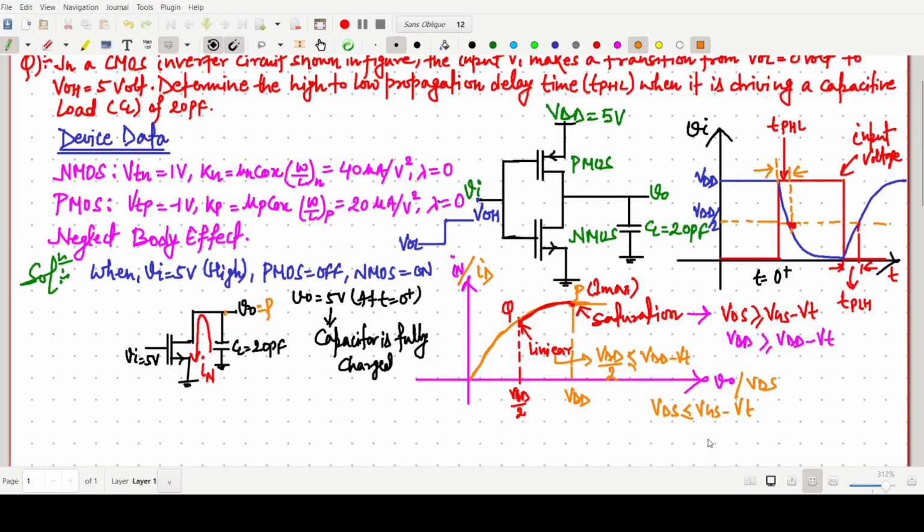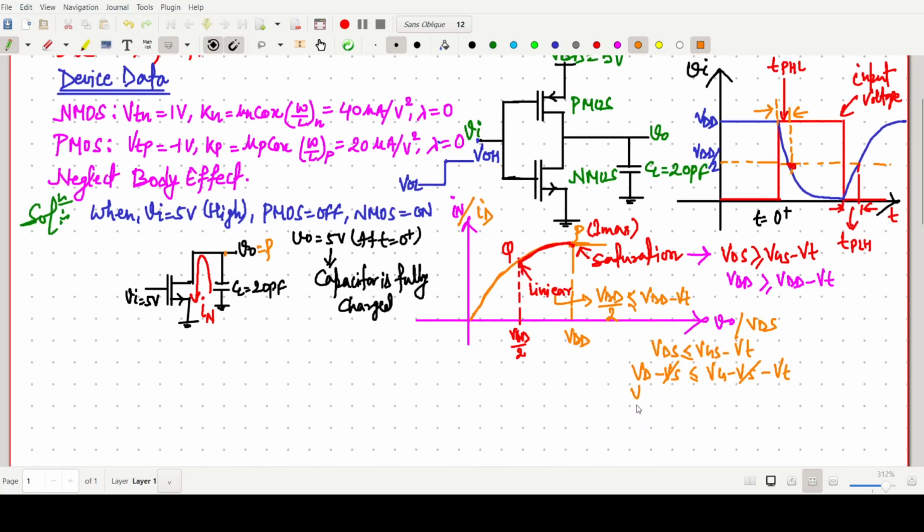For more details, suppose one wants to observe this type of thing, it is better to write VD minus VS, then VG minus VS minus VT. So this VS will be cancelled because it is ground potential. The VD output value at this point will be VDD by 2, so better to write VDD by 2.